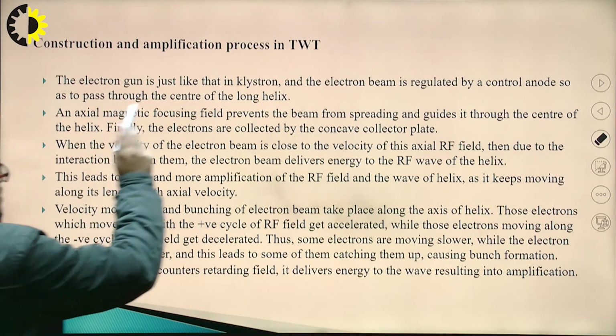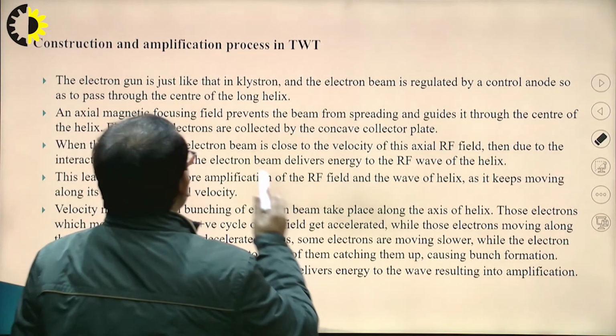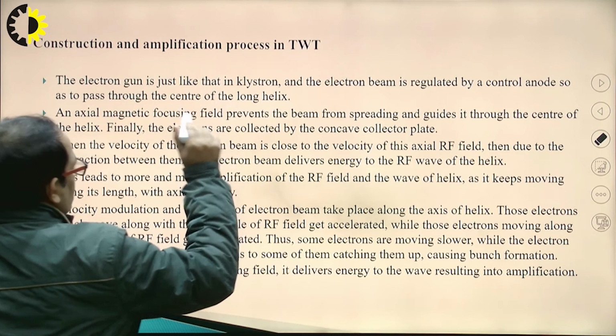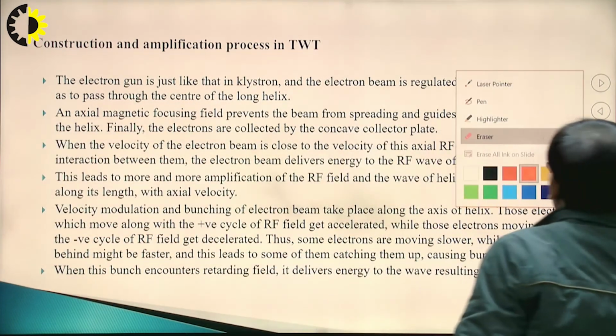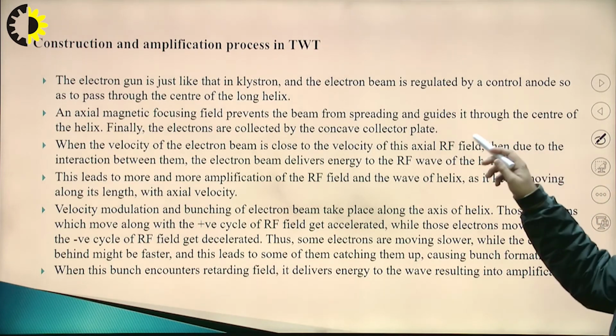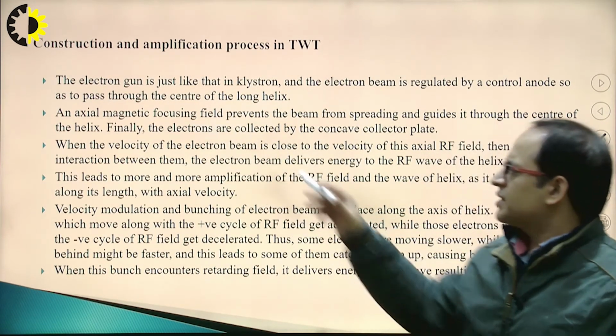Now see how, just like in a klystron, the electron beam is regulated by what? The anode, as it passes through the center of the helix. Now see the next one. A magnetic field is there, that means an axial magnetic field.